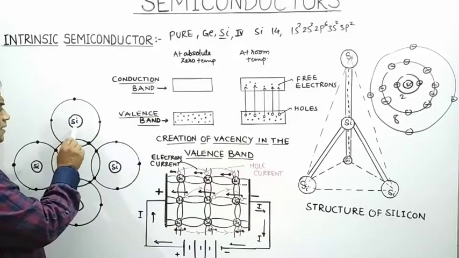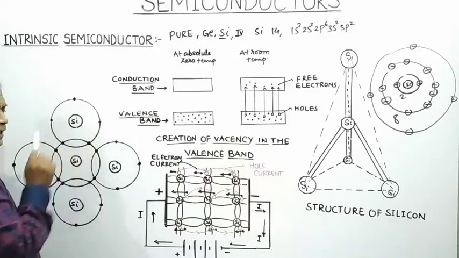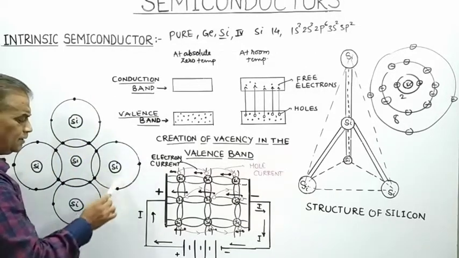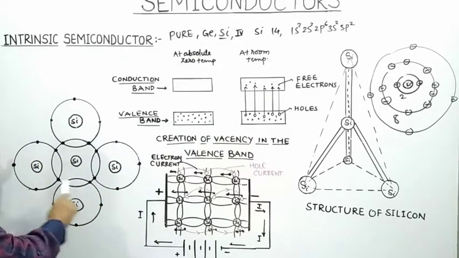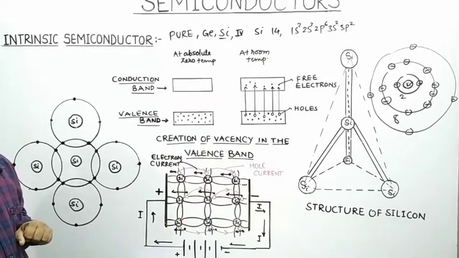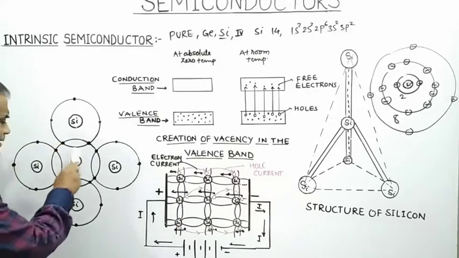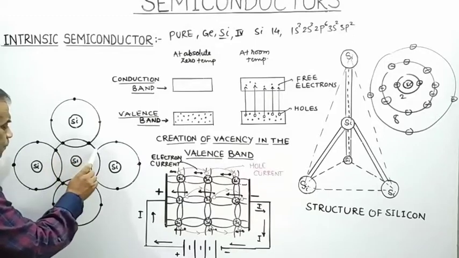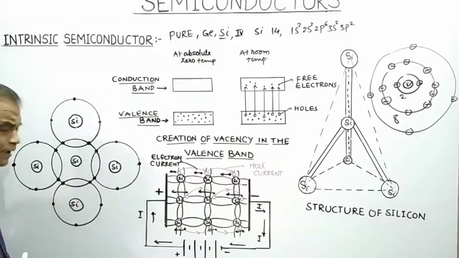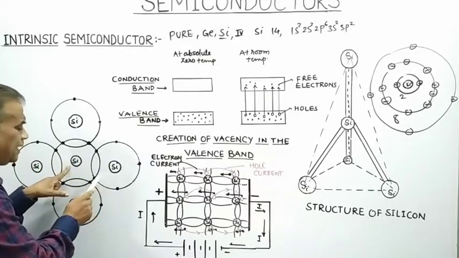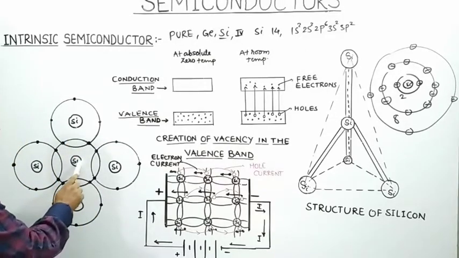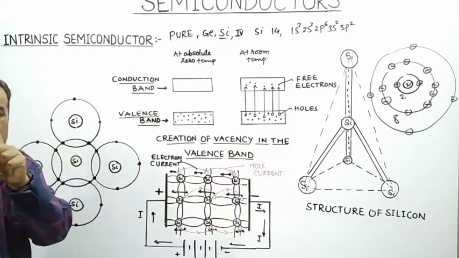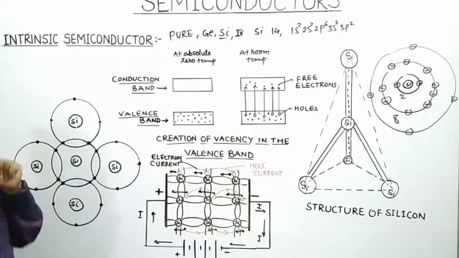Look at this. Every silicon atom has 4 electrons in its outermost orbit. Now look at the atom at the center. It already has 4 electrons in its outermost orbit, and it will share 1 electron of this atom, 1 electron of this atom, 1 electron of this atom, 1 electron of this atom, so that the number of electrons in the outermost orbit of silicon becomes 8.